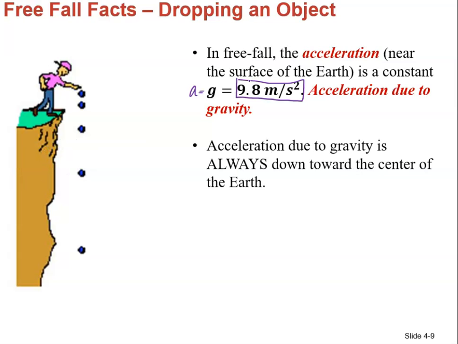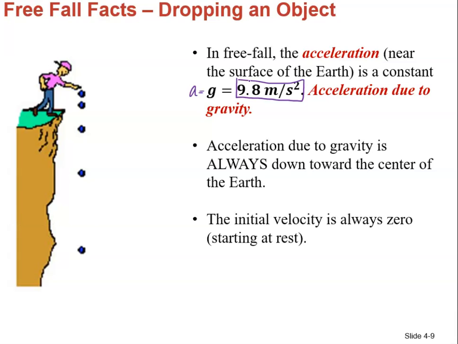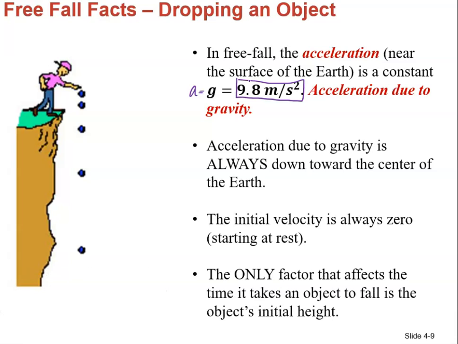The acceleration due to gravity is always down towards the center of the Earth. And when we do free fall problems in this class, the initial velocity will always be 0. We are always going to drop something starting from rest. And the only factor that affects the time it takes an object to fall is the object's initial height.